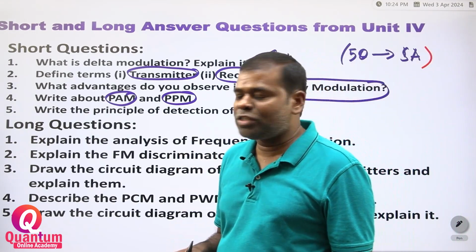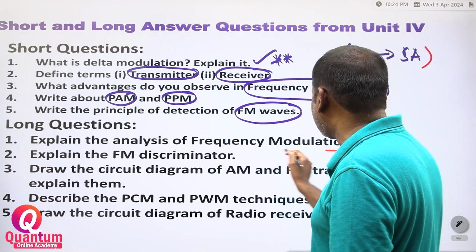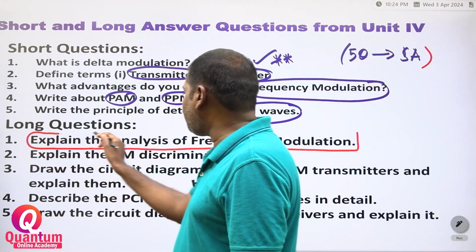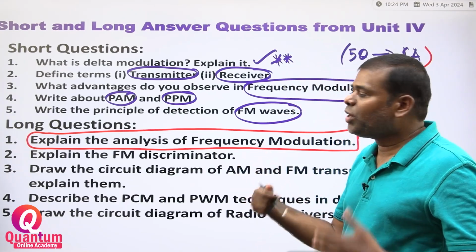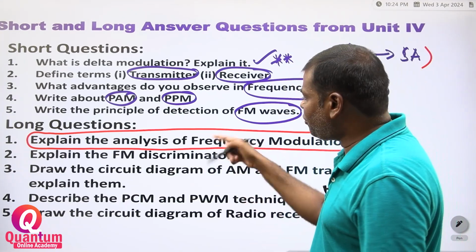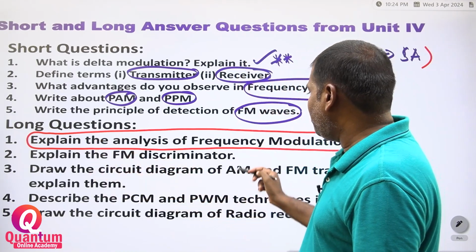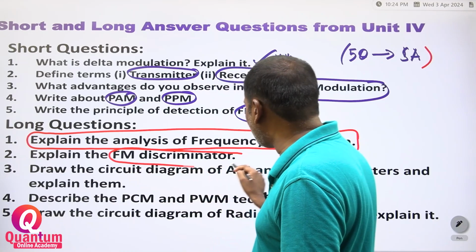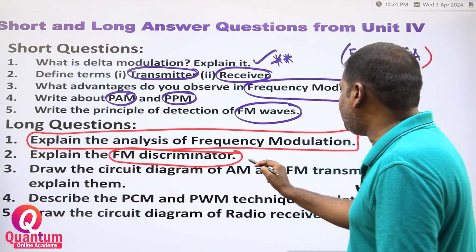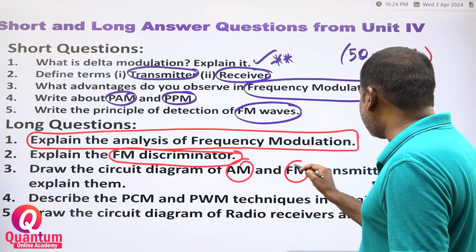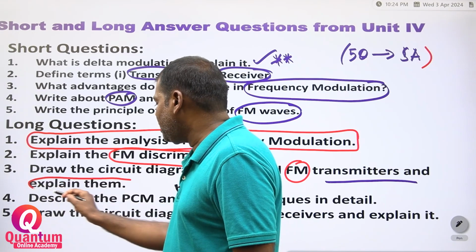Long answer type, once you have to see. Explain the analysis of frequency modulation. Once you are reading amplitude modulation and phase modulation, frequency modulator, you have to analyze with formula. Explain the frequency discriminator. Next, draw the circuit diagram of amplitude modulation and frequency modulation transmitters and explain them.